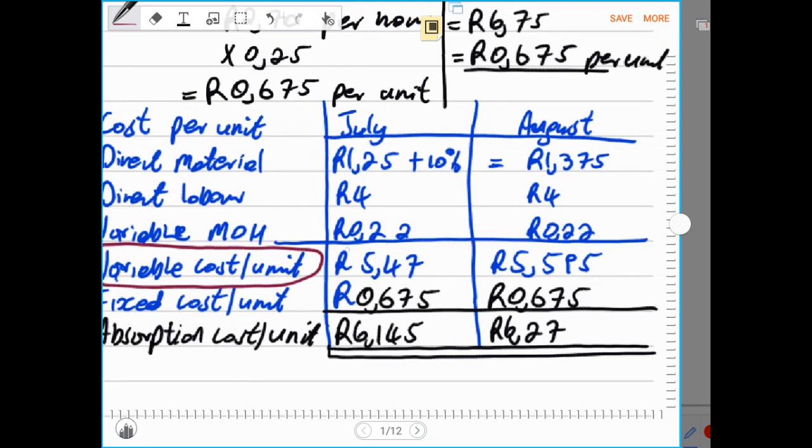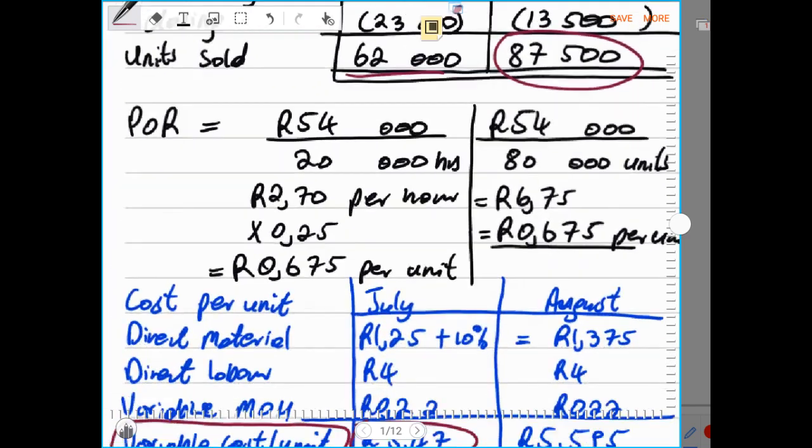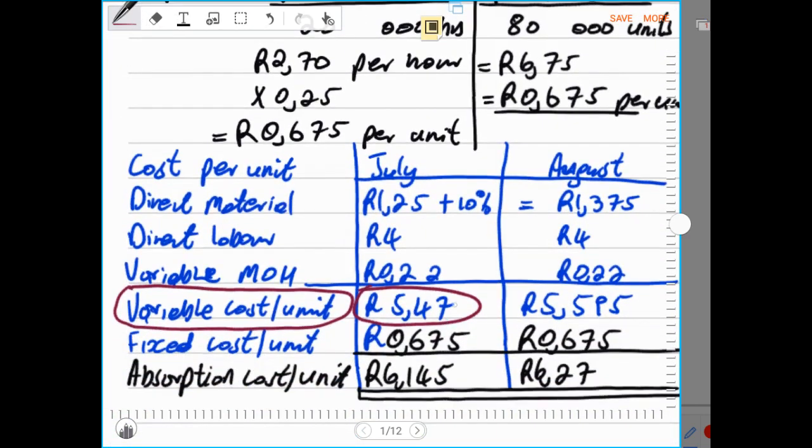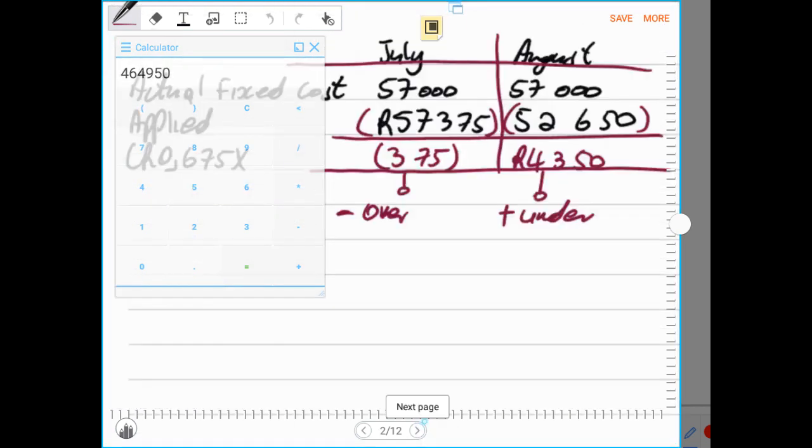Therefore, now it will be 5.47 for the month of July. So the 85,000 units produced in July were produced at the cost of 5.47, so it will be 5.47 times by 85,000 units.